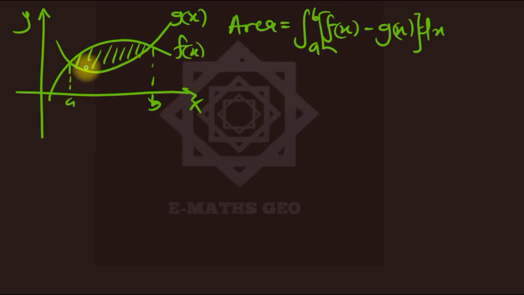So the area is the definite integral of this from a to b. If you notice, the upper function subtracts the lower function.